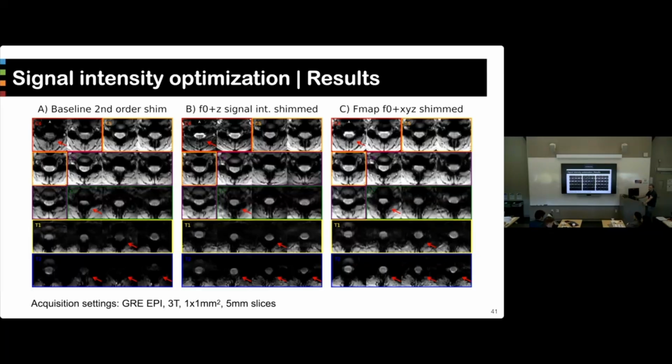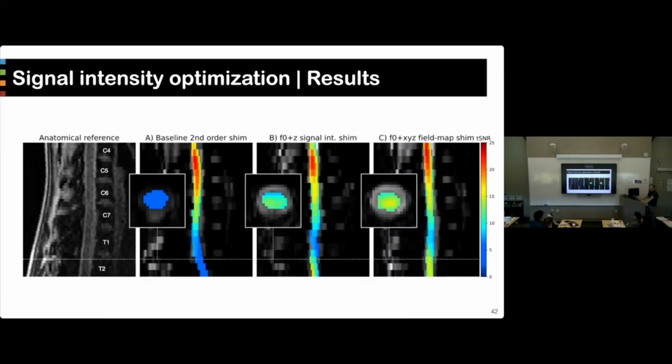We wanted to test how it compares with the traditional field mapping approach, and we're still not there. The field mapping approach in this case did better, but the point is, we're starting to look into this, and I think it's promising. Same story here. TSNR results are better than the baseline, but still lag a little bit behind the field map approach.